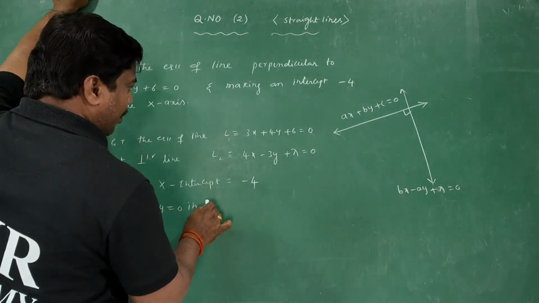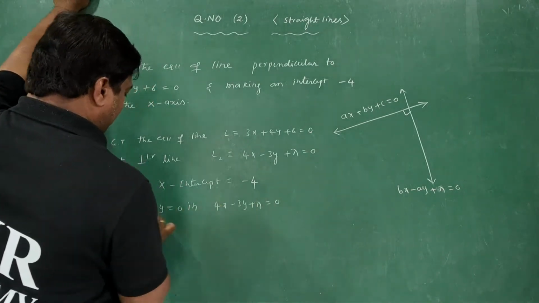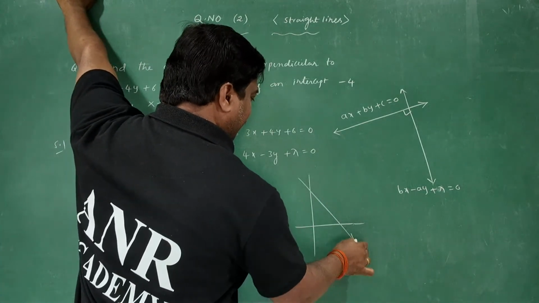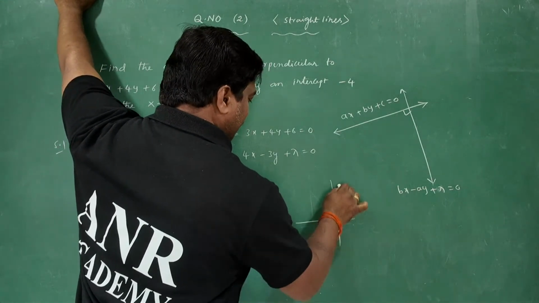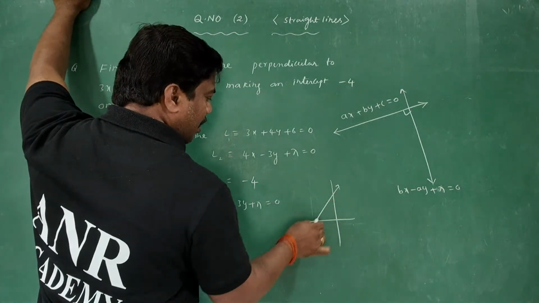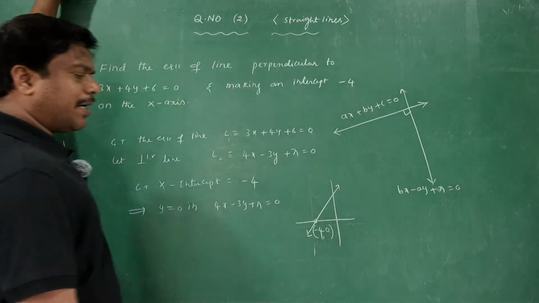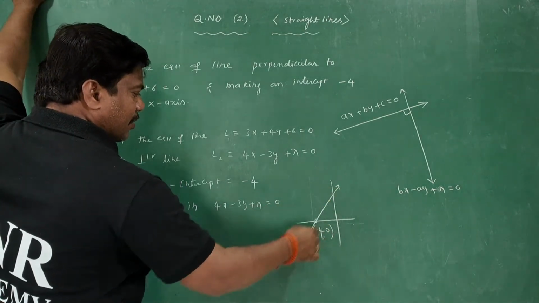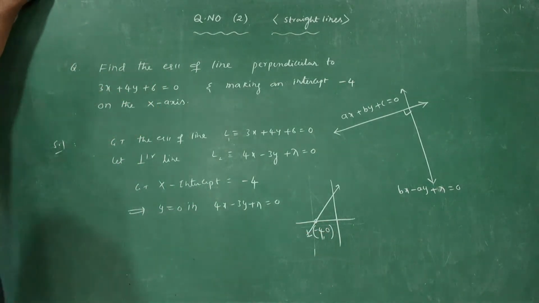Y equal to 0, I am going to write in the equation 4x minus 3y plus lambda equal to 0. See, suppose this is the required line, and minus 4 is the given intercept. Suppose that this is the x-intercept minus 4. Whenever the x-intercept is minus 4, at that place the y coordinate is 0, or simply I can say that the point minus 4 comma 0 satisfies the line.